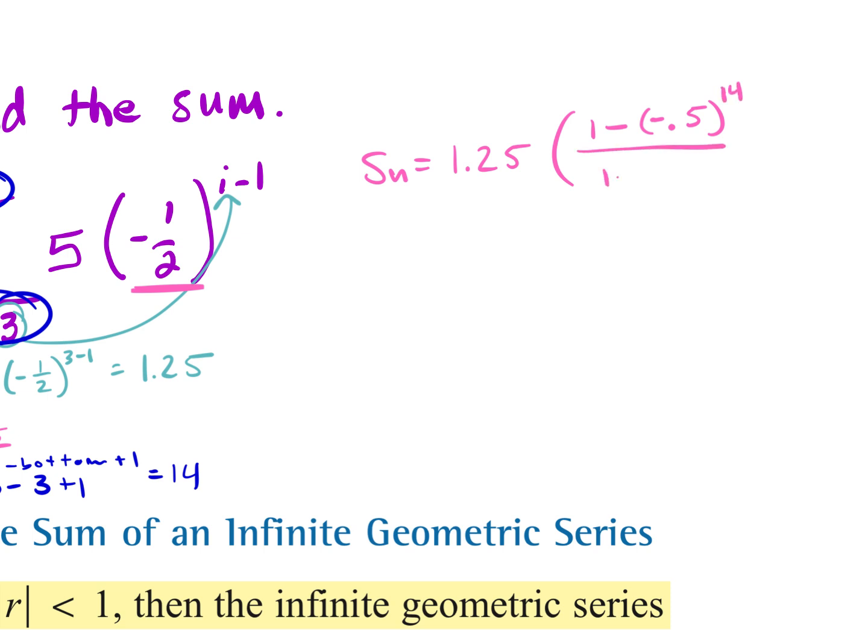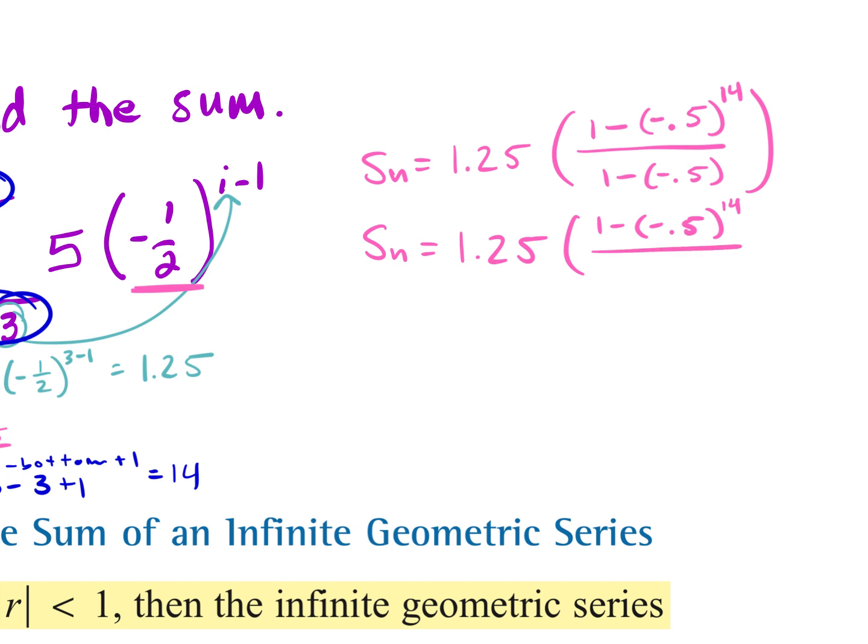Over 1 minus -0.5. So my sum is going to be 1.25. I like to do the denominator first just so I can write that down. Make it a little bit easier. 1 minus -0.5 would be 1.5.